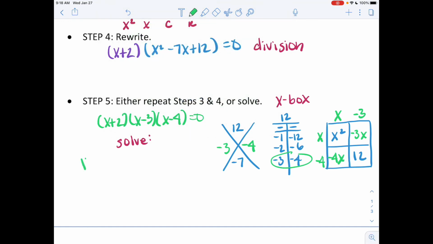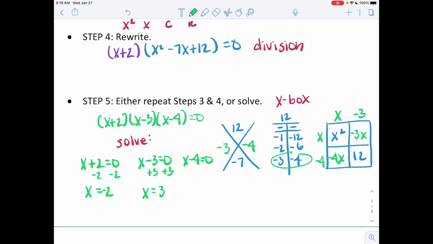I will set each piece, each factor equal to 0 and solve the little algebra equation that I have by moving the number from the left to the right. So I need to move the 2 by subtracting 2 from both sides, and x is equal to negative 2. I want to move the negative 3 by adding 3 to both sides.